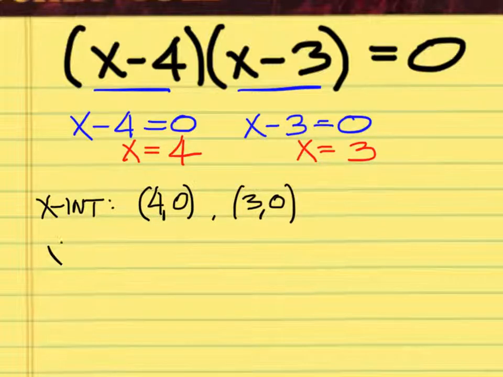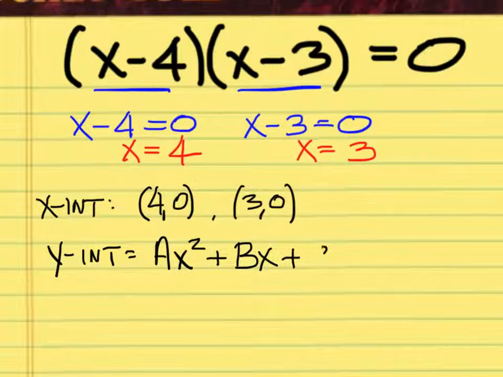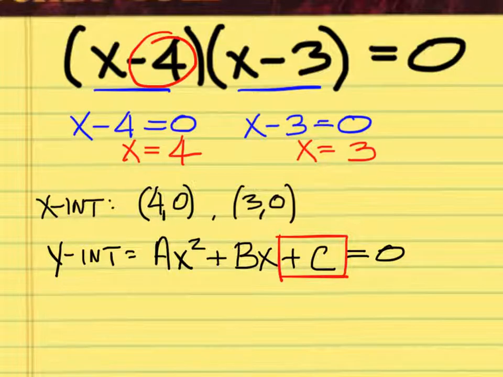To find the y-intercept, remember in the general form, ax squared plus bx plus c equals 0, the y-intercept was the last number and the sign before it. The way you get that last number and the sign before it is by multiplying these two numbers.